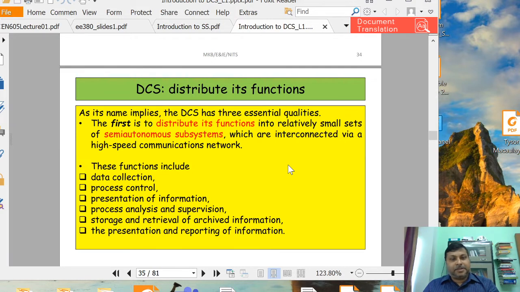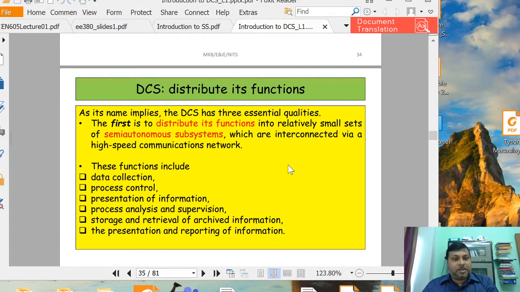So the first thing you have to understand is why it is called distributed: because it is distributed by its function. Previously, for the direct digital control system, a single central computing system was there, so everything had to be done by the central computing facility. But here we find that in DCS the functions are distributed.